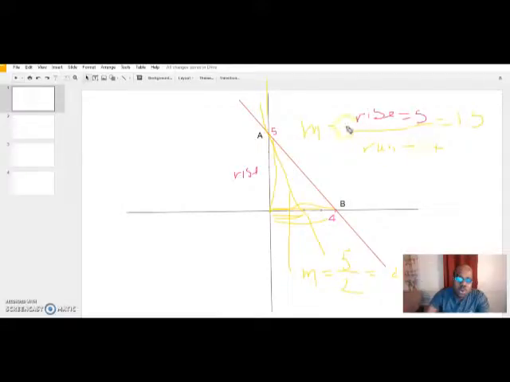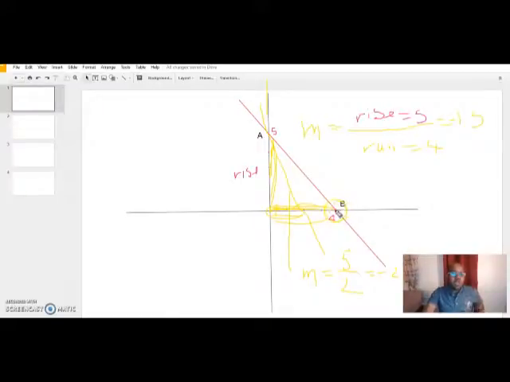Generally, when you go to the left, the direction is a negative value. So the left gives me negative and the up gives me positive. I have a positive over a negative value. That's why the slope is going to be negative. If I move from A to B, like I told you, I go left and I go up.